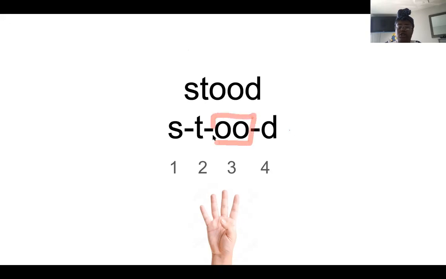OO says, okay? So if you were breaking down stood, that OO makes one sound. Break it apart, the S, the T, OO, D, all have its own sound, okay? S, T, OO, D, 4 sounds.